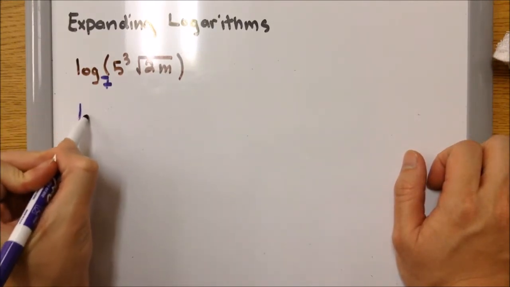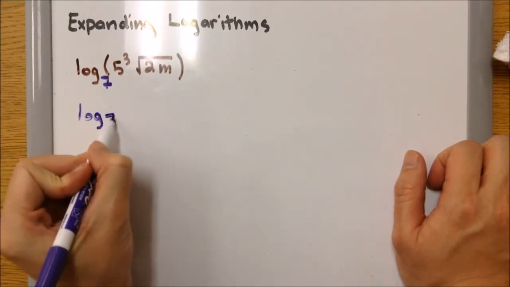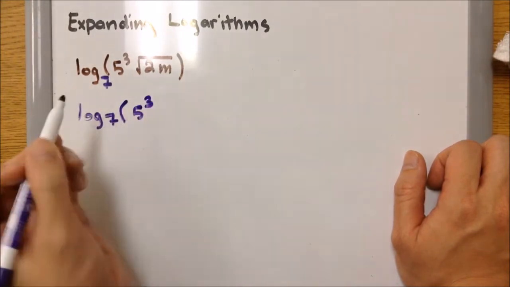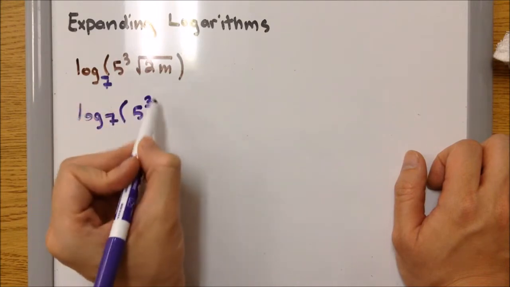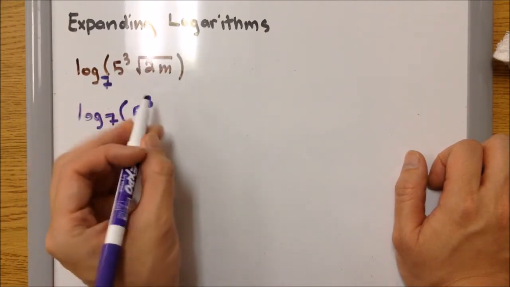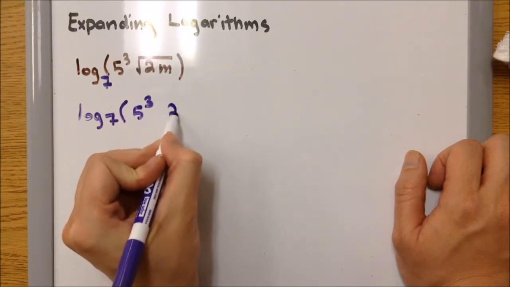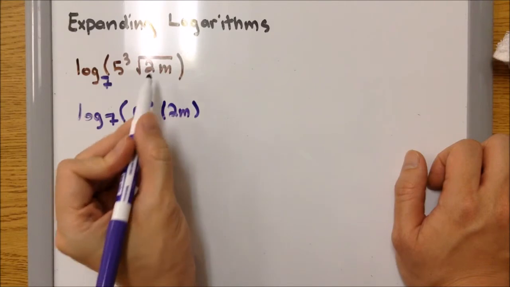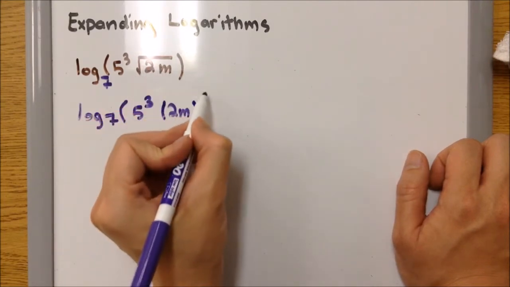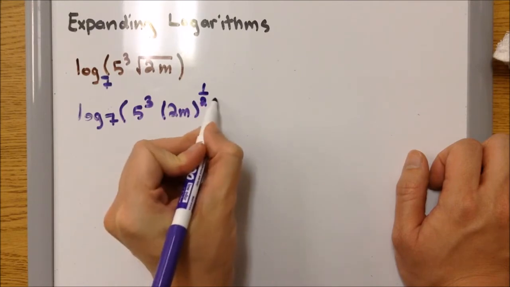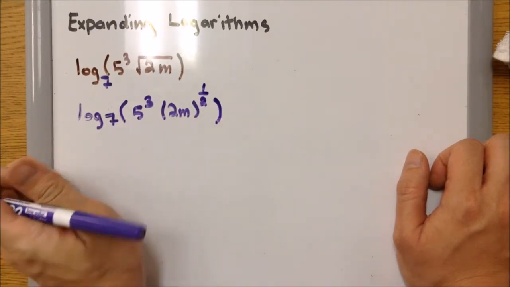So log base 7 of 5 to the third times, and since 2m is together inside the square root, I'm going to group it with parentheses, and then the rational exponent 1/2, and then close the outer parenthesis.